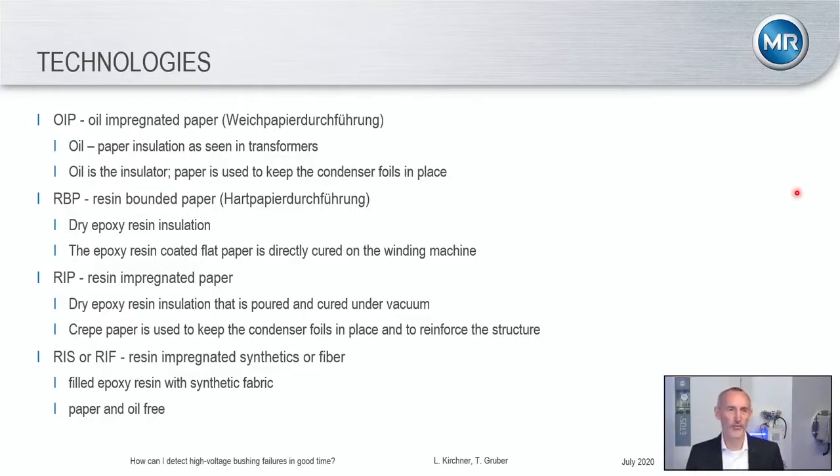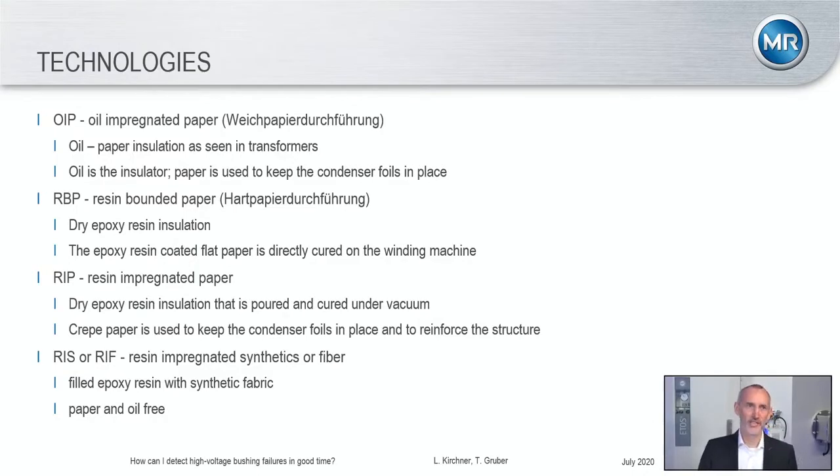It's an old proven technology, and you have oil with paper insulation, and usually the bushing manufacturer uses here the same materials as a transformer manufacturer would use in his transformer. So you have the same material, the behavior is well known, and the oil is the main insulation, and the paper is used to keep the condenser foils in place.